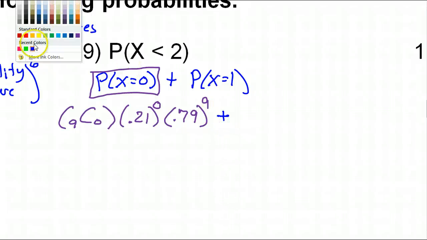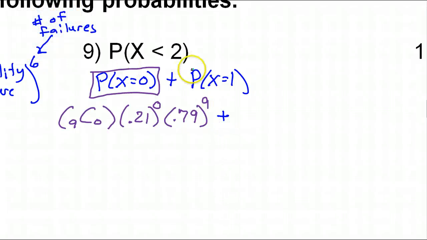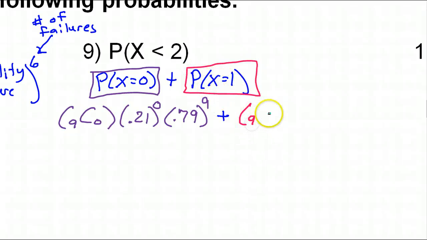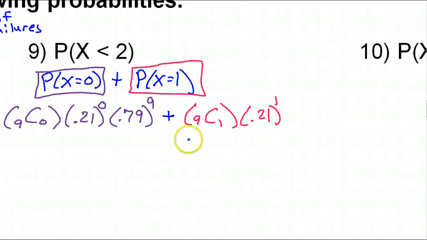And then I think I'll do the other one in pink. Okay, so the probability of 1 success. Well, we always start off with 9. So 9 choose 1. And once again, the probability of success to the power of the number of successes, shooting for 1 success now.